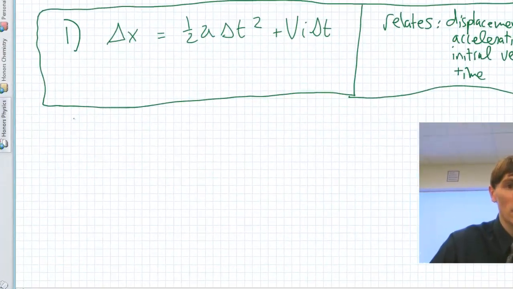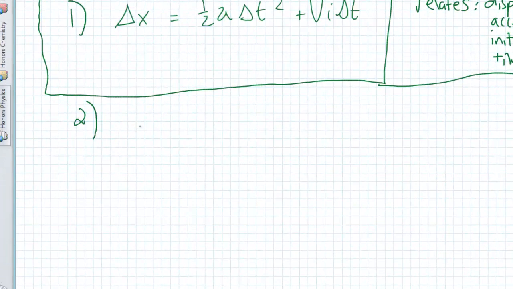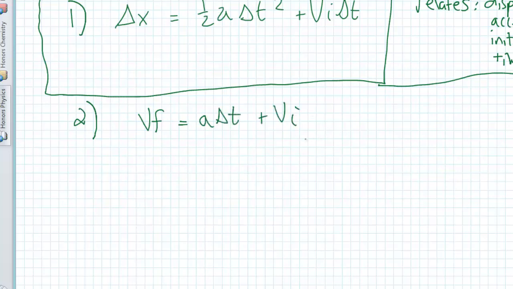All right, let's look at the second equation. The second one we got was from the velocity time graph. Vf equals a delta t plus vi. You may also see this equation written as acceleration is equal to delta v over delta t. It's the same equation, we just rearranged it a little bit.